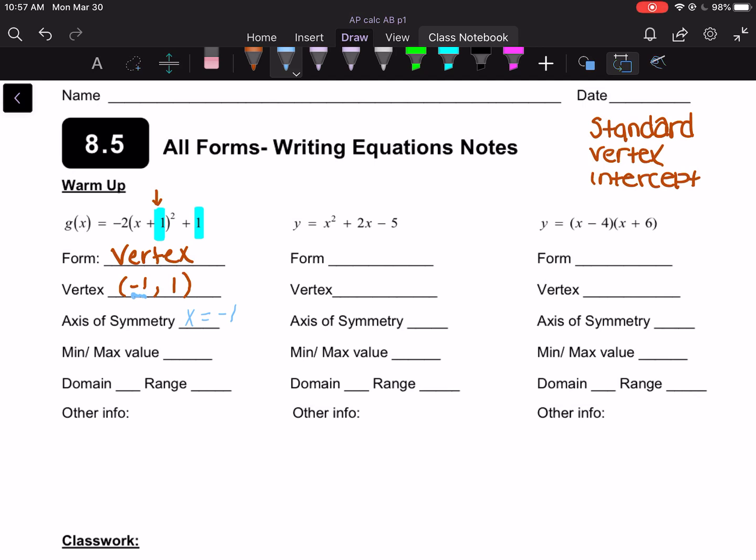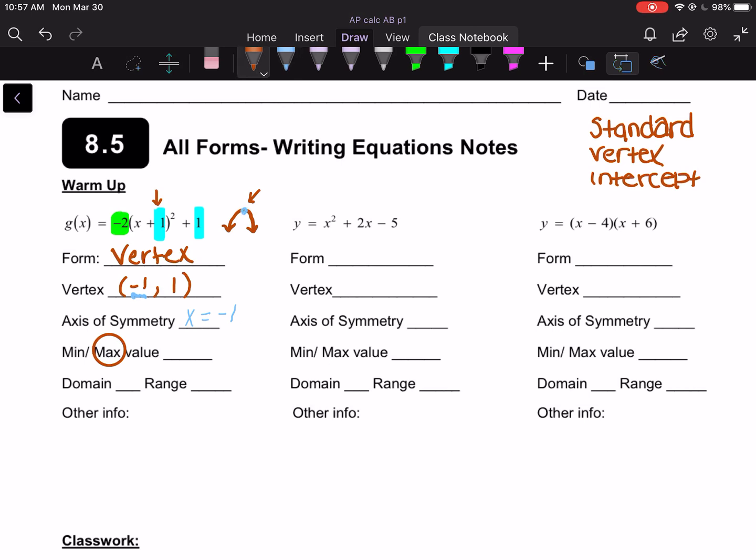You have to first decide if it's a minimum or a maximum. So we know that the a value, if it's negative, the graph opens down, and therefore the vertex is a maximum. So we're going to circle max, and it will always occur at the y value of the vertex.